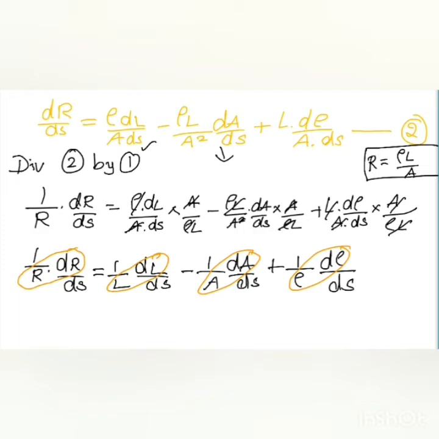So instead of dr by r, I can also write del r by r. Del again is change, displacement, right? Is equal to del l by l minus del A by A plus del rho by rho.